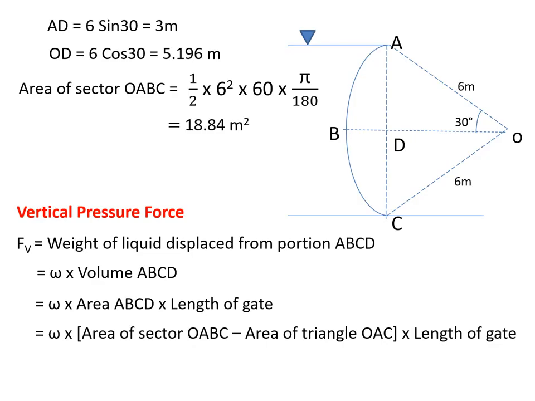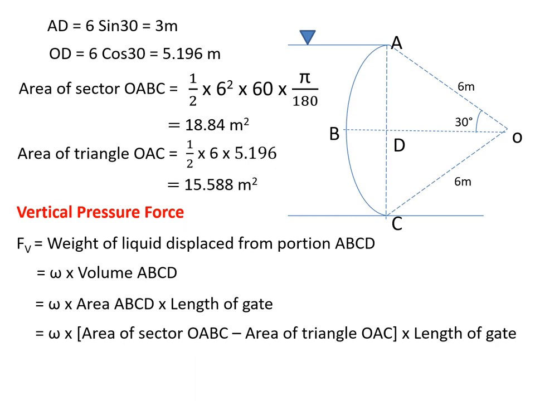We know how to find the area of the triangle. AC is 6 meters, whereas OD is 5.196. So therefore area of triangle OAC is half into the base into height, so that gives 15.588 meters square. Now you substitute here, so 9.81 into area of the sector 18.84 minus 15.588, which will give you area ABCD.